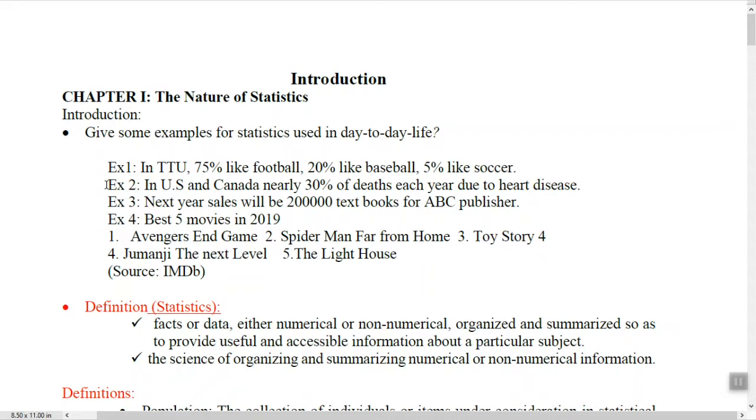When you read this, you can identify that in the US and Canadian population, about 30% die each year due to heart diseases. So this is the way we summarize or explain our results. There are a couple of examples, you can read it.